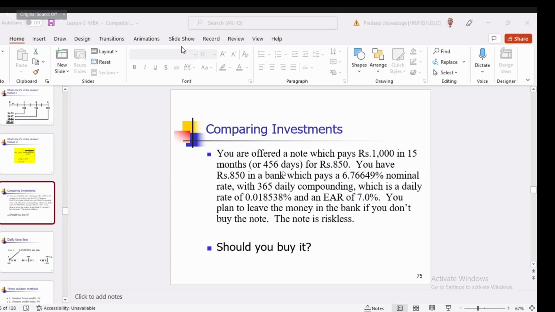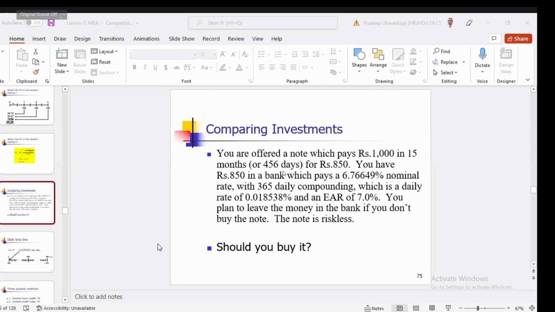Okay. Buy the note because it gives 1,000 at the end of 15 months. Bank will give only 924, right? So let's see how to handle this. We use a daily timeline, because we are told that it's compounded on a daily basis, 365 daily compounding.